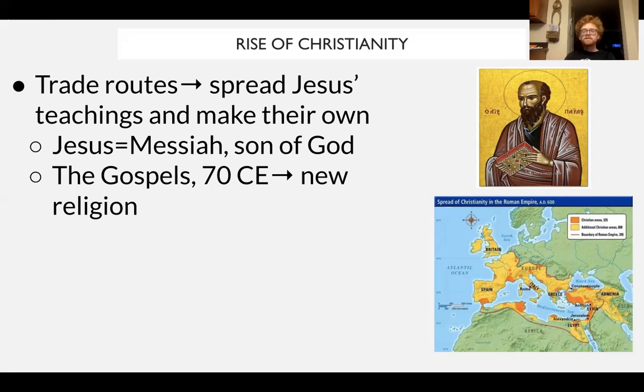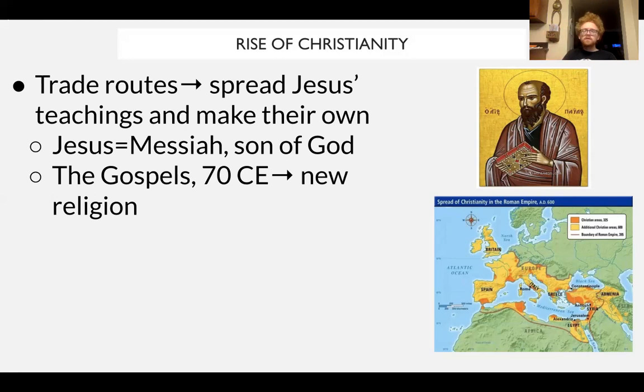And when you have a distinct religious text from Jewish scripture, that's when we have Christianity becoming a full-fledged religion. But spoiler alert, Christianity is going to become the official religion of the Roman Empire. But how is that going to happen?